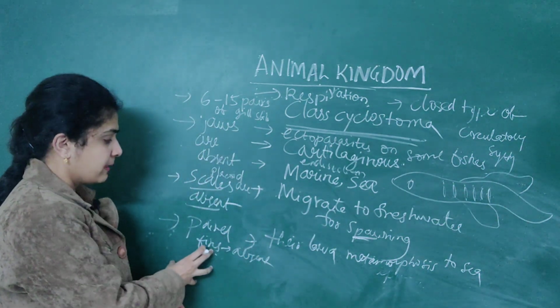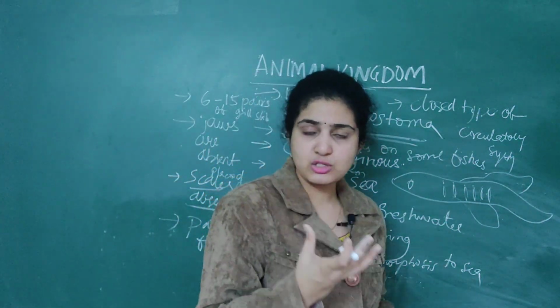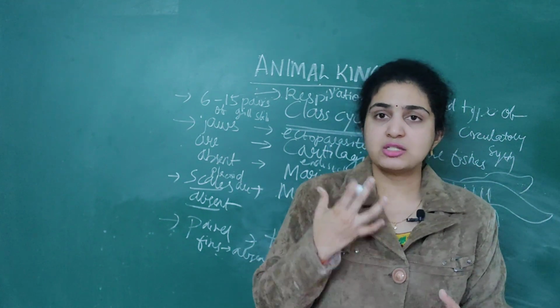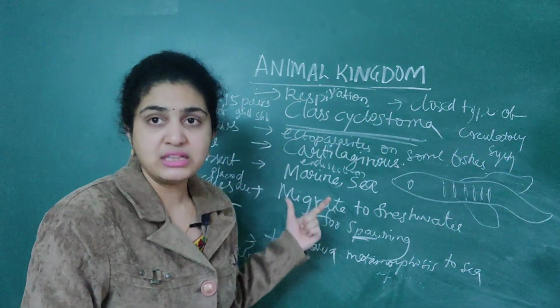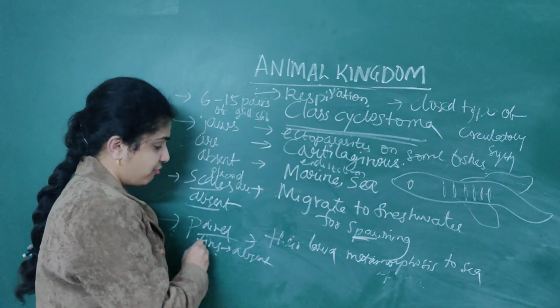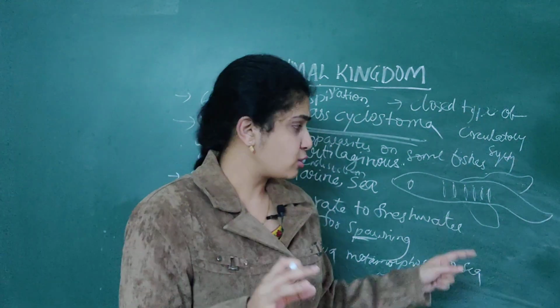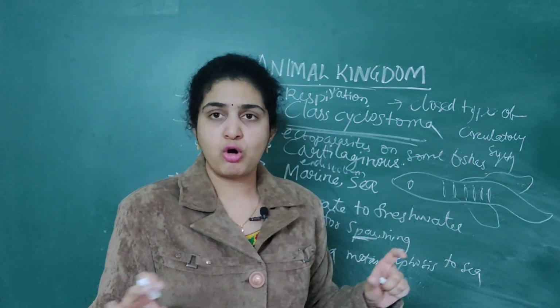Then, as we have read, Cyclostomata means jaws are absent. So they are jawless, classified under Agnatha. Scales are also absent. They are present like one small organism.